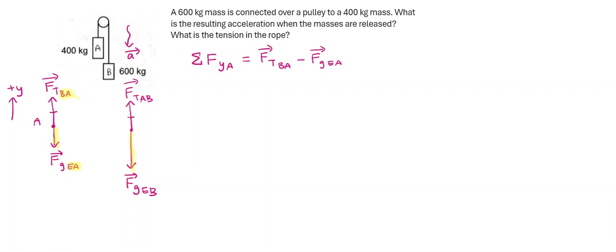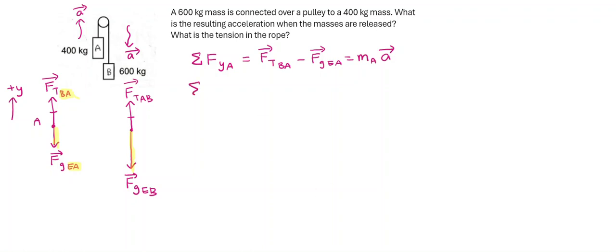This is because the net force in the Y direction is going to accelerate in the direction that the net force is in. Because object A is going to accelerate upwards, we know that the tension force is stronger than the gravity force, so you have to subtract gravity from the tension. Then this is going to equal the net force, which we can also write as the mass of object A times acceleration, because we know that F net equals mass times acceleration.